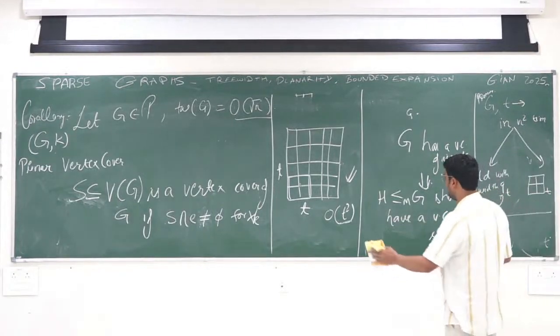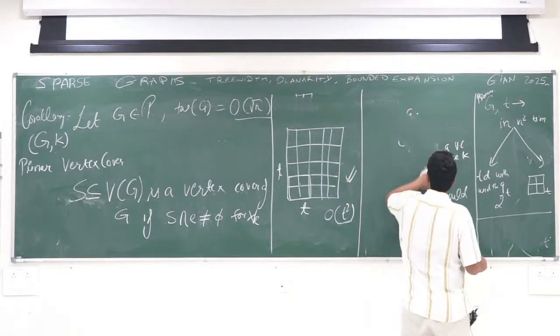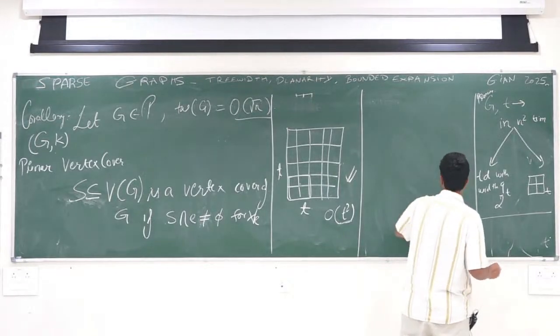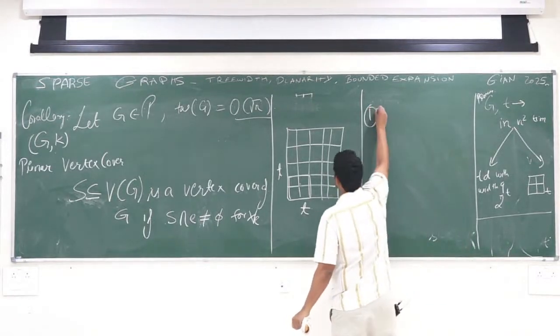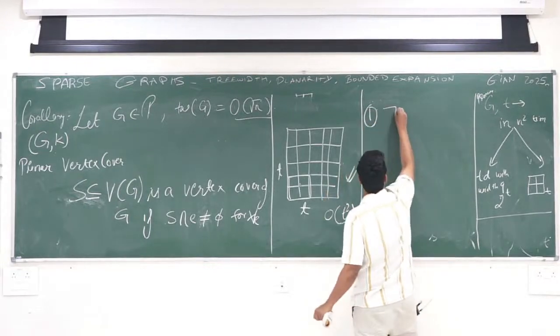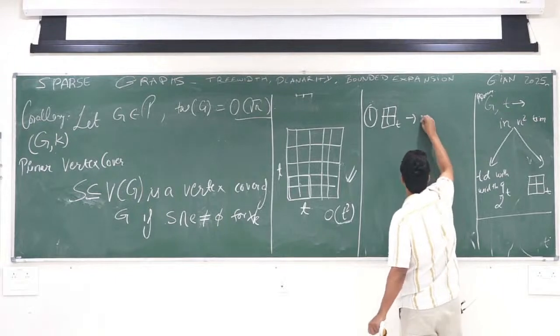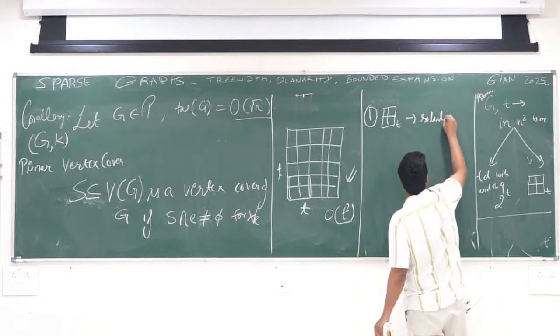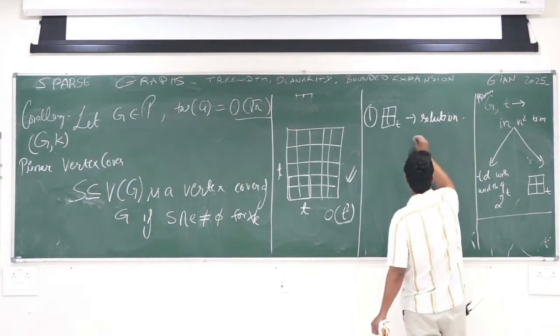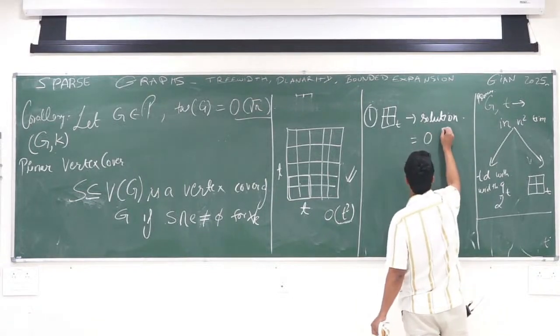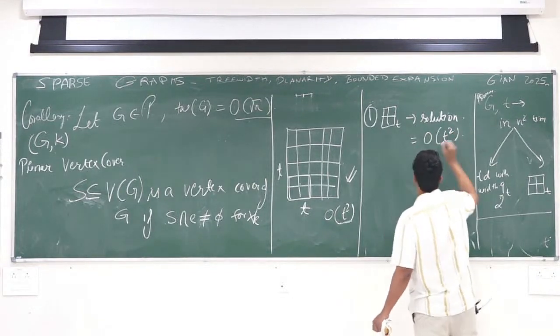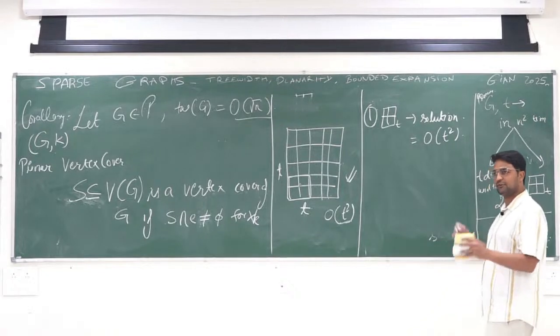Okay, so now we have two properties as of now. One is that if I have this minor, then my solution is equal to order of t square. My solution requires t square vertices.